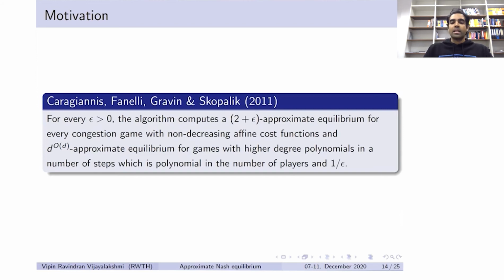Particularly, they show that in case of linear cost functions, their algorithm computes a 2 plus epsilon approximate equilibrium in polynomial time, and they have similar results for higher degree polynomials. In our paper, we adapt their algorithm using a linear programming approach, and we try to improve the constant factor in this constant factor approximate pure Nash equilibrium.